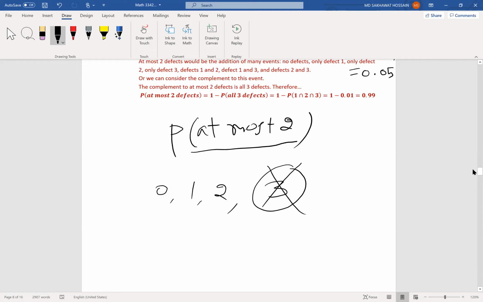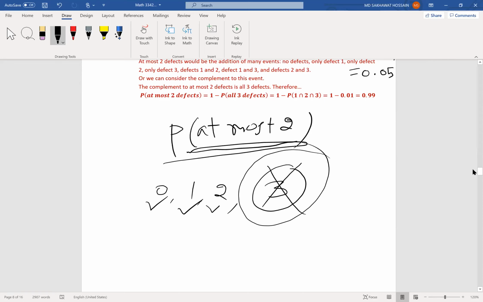So at most 2 is the complement of all 3 defects, right? Is it clear? Since there are total 3 defects, the system can have 0 defects, meaning it doesn't have any defect, just 1 defect, or 2 defects. But the system cannot have 3, because we want to find the probability at most 2.